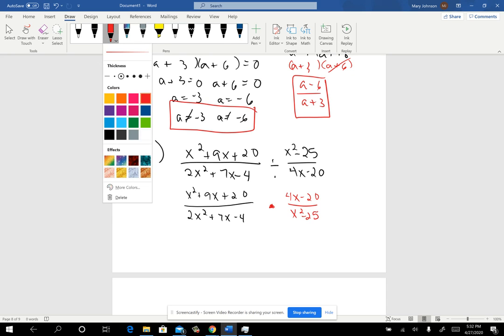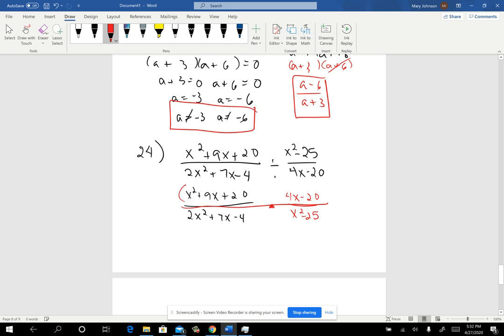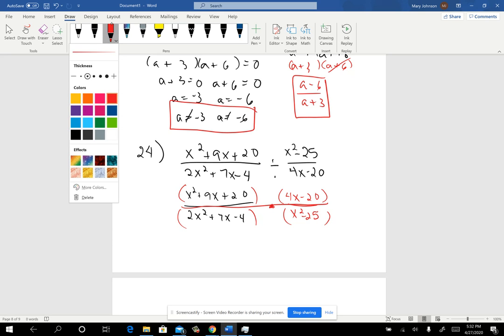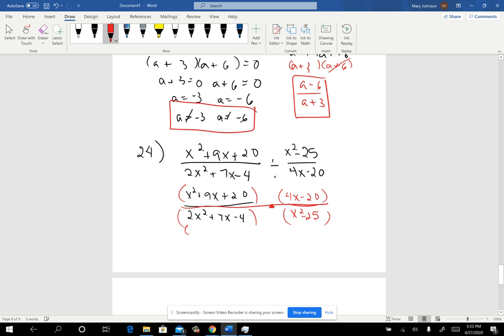At this point, you really have one big fraction. We're going to work on factoring all the parts so we can cancel out any common factors. The x squared plus 9x plus 20 has nothing in common, so we think about how to break that down.